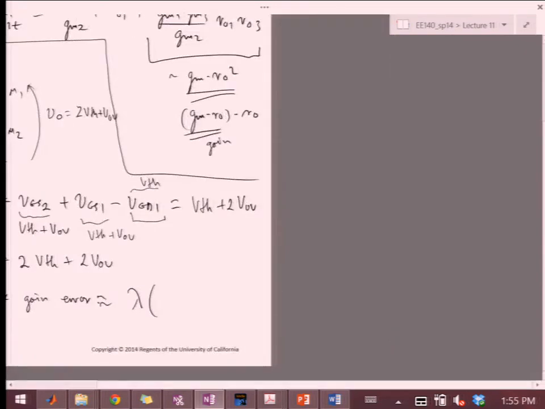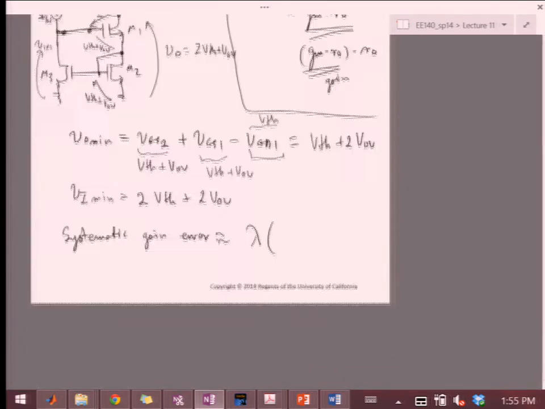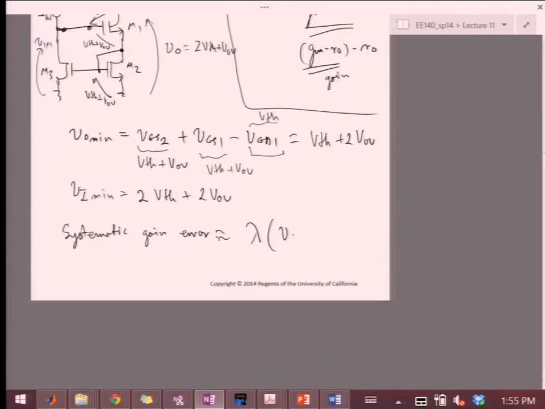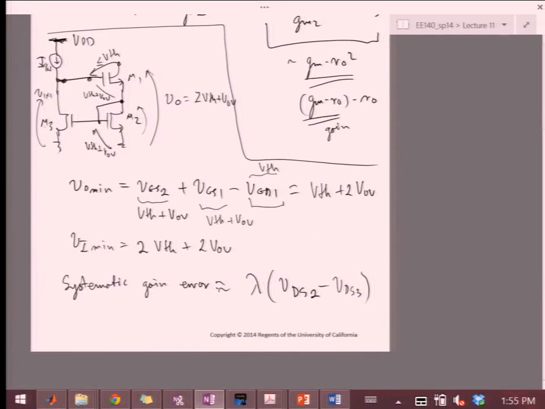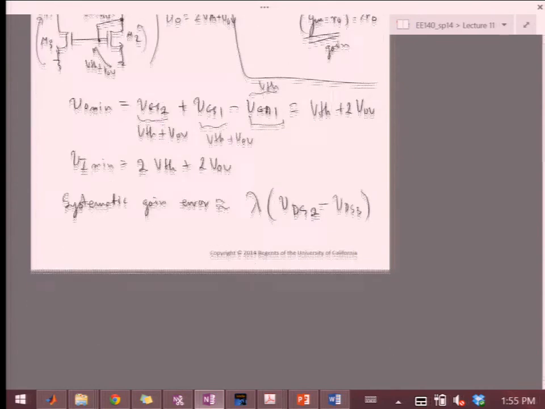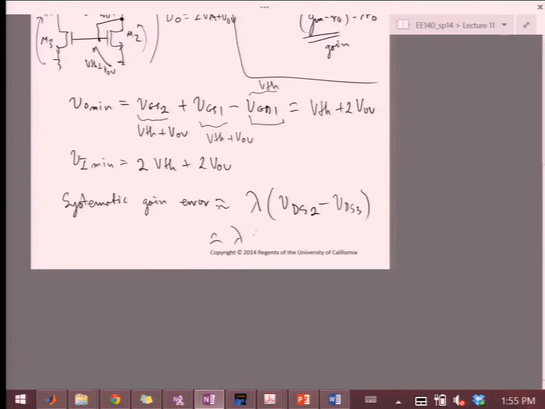So we're going to have this to be VDS2, which is this voltage over here, minus VDS3. Now, because this VDS3 also has to fit the VGS of M1, obviously these two are not the same. So this is equal to minus lambda VGS1.